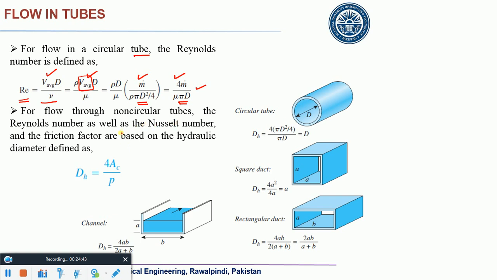For flow through non-circular tubes, you need to calculate the hydraulic diameter. This hydraulic diameter is 4 A_c over P. If you talk about a channel, by the way, you may have heat transfer from inside the channels as well. In that case, D_H can be considered as 4AB over 2(A plus B), where A is the height of that channel and B is the width.